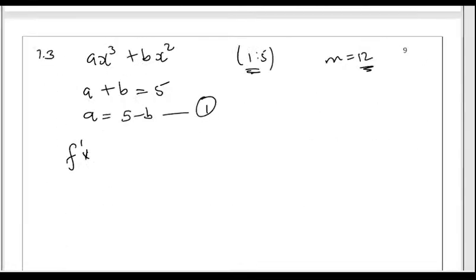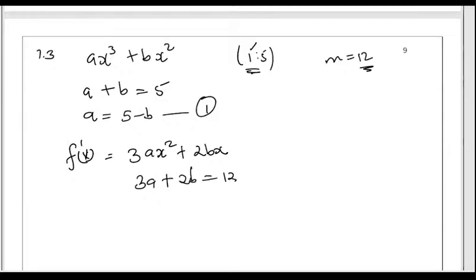So f prime of x is going to be 3ax squared plus 2bx. But if x is 1, the gradient is 12, meaning that 3a plus 2b should give us 12. Let's call that equation 2.